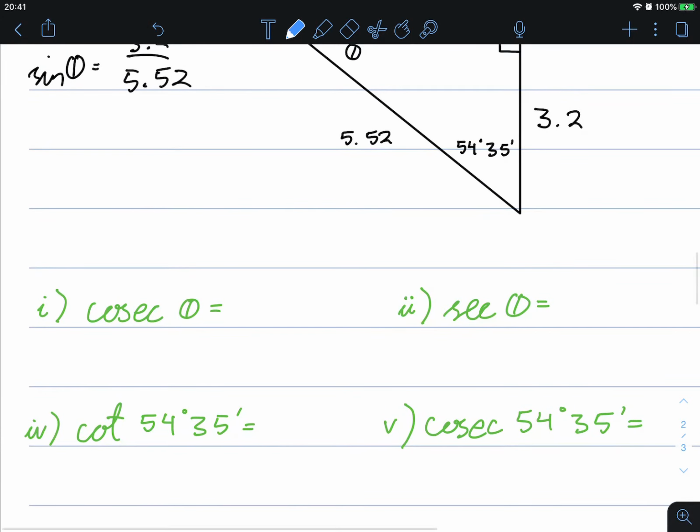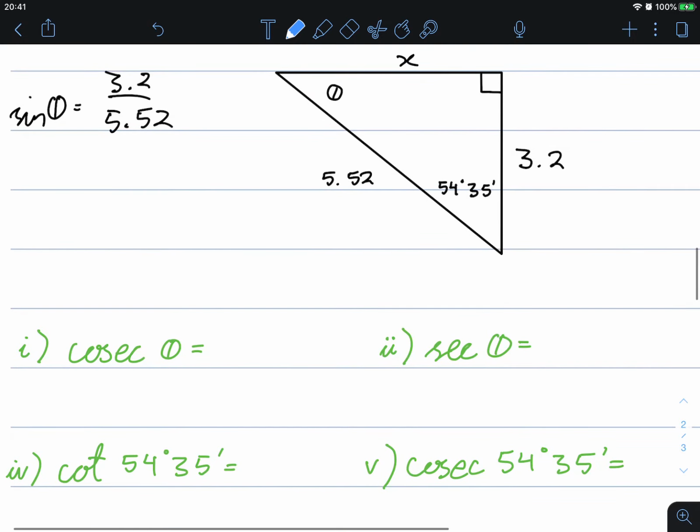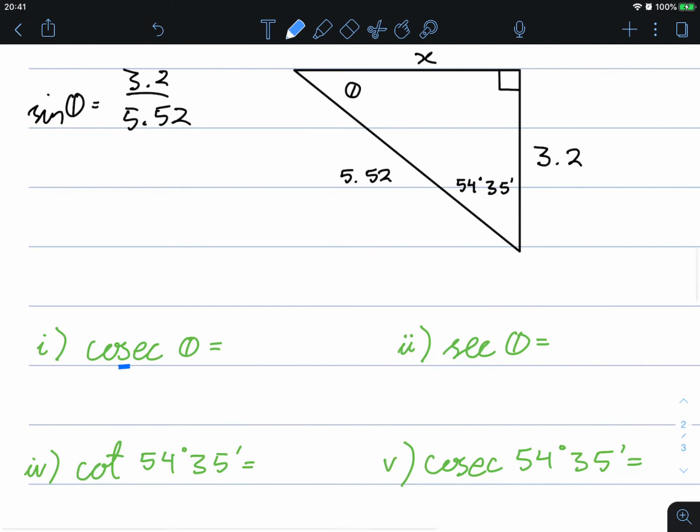Here we go. Cosec of theta, the third letter is S, relates to sine of theta. Well, we actually have already written the sine of theta. Cosec of theta is just the reciprocal of that, so it's going to be 5.52 over 3.2.